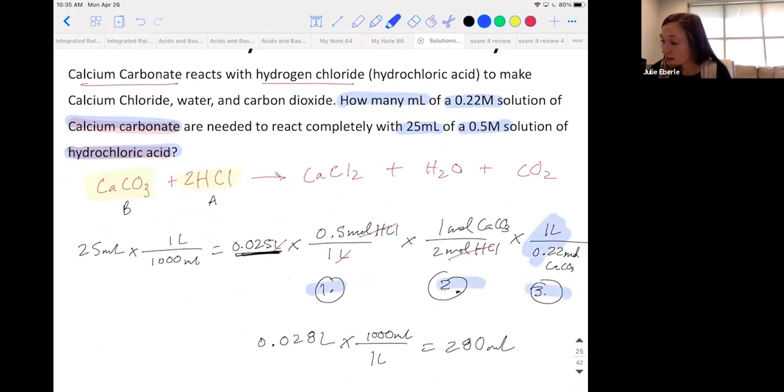But here we plugged in a molarity instead of a molar mass. Same exact thing. Always the mole ratio is your middle step. And then there we are trying to convert back to a volume, not grams, like we just did. So step 3 was plugging in a molarity, not a molar mass, converting back from moles to liters instead of to grams. Now does that make sense? Okay.